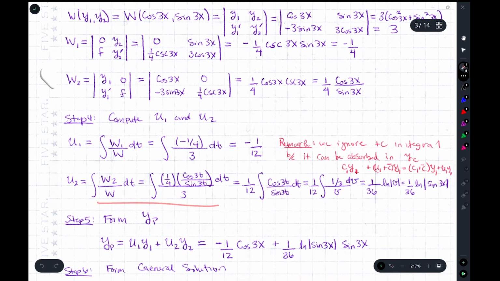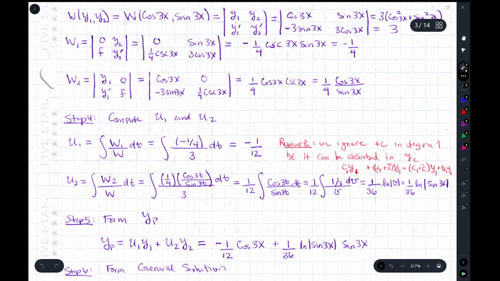For u2, integrated, we use the method of substitution. Here we use v. It's common to use u, but that's taken. So we use v, where v is going to be sine 3x. So we do the substitution and integrate that. dv here is going to be equal to 3 cosine 3x, so that gets absorbed there.